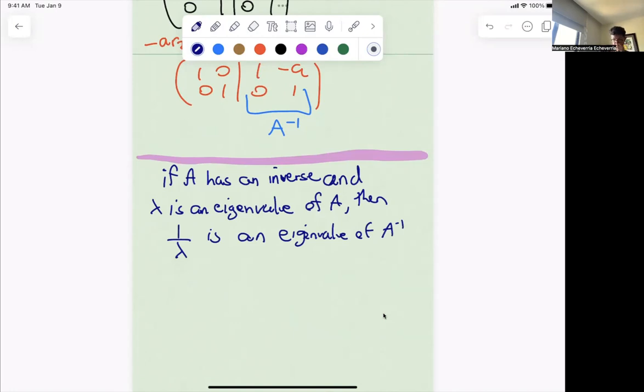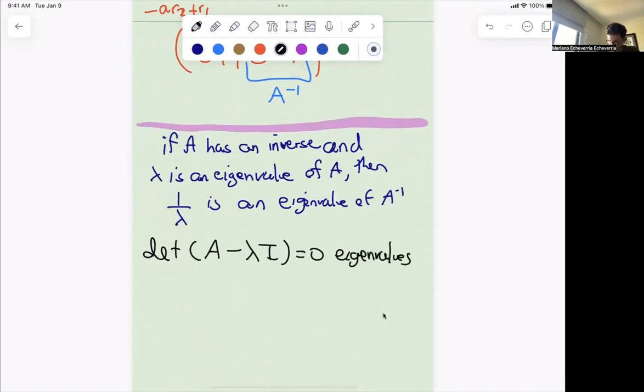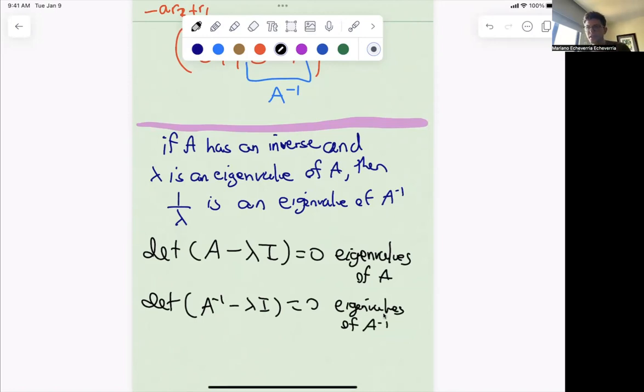The thing that is interesting in this one is that the equation for eigenvalues of A is this one. But the eigenvalue equation for the inverse would be A inverse minus lambda I. The problem is that this cannot be solved as the previous question with the transpose.